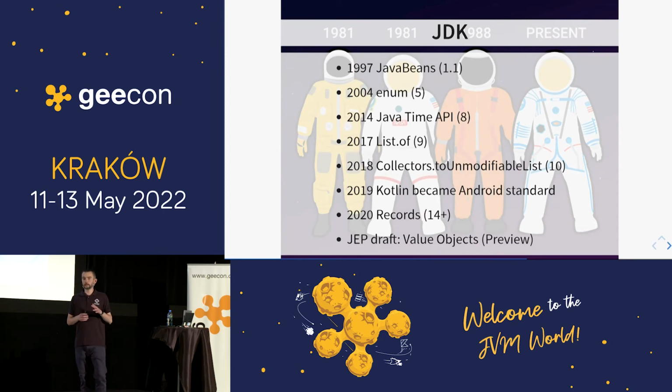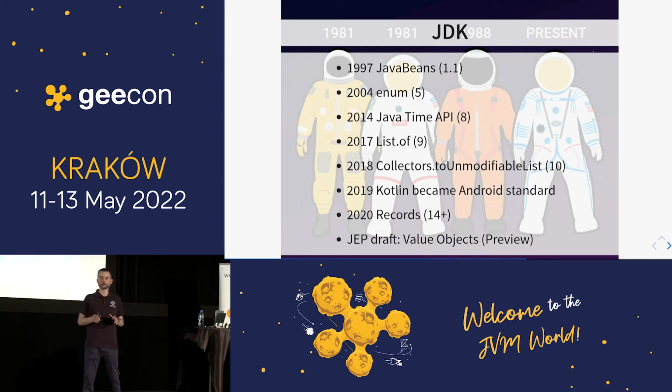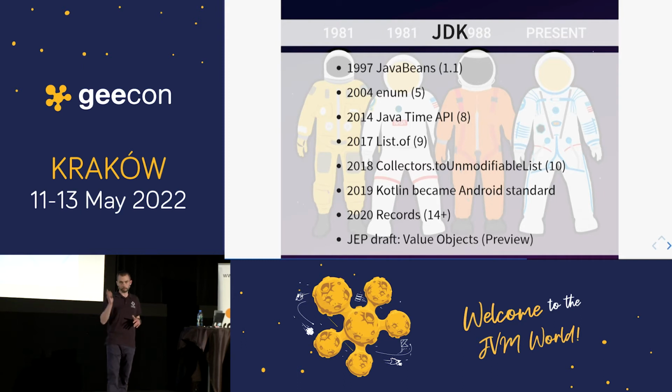I think that the way of Java evolution, not revolution, just evolution, is visible on this picture. There are some less and more important facts from the beginning to today. And as you can see, there is a lot of immutability, a lot of decisions related to value objects.